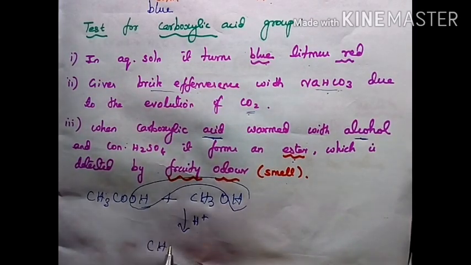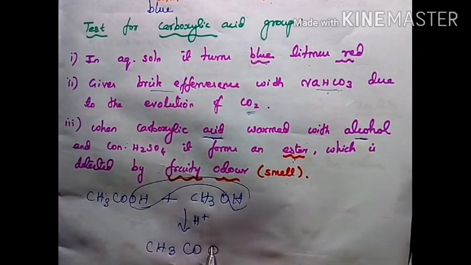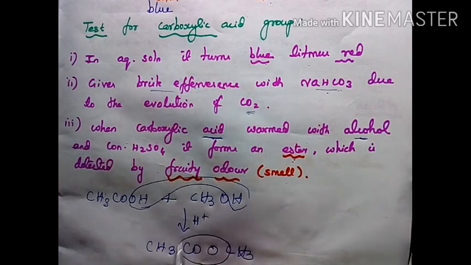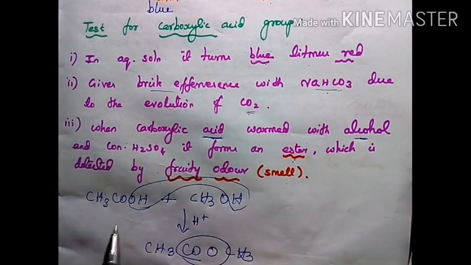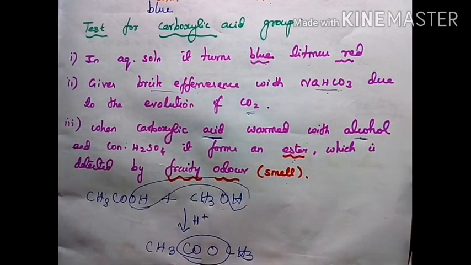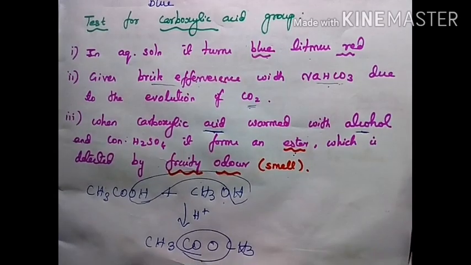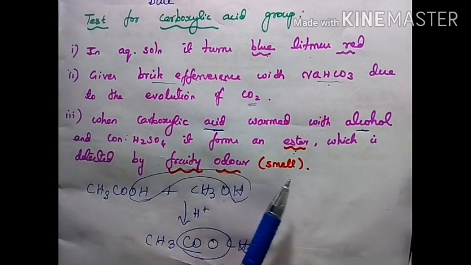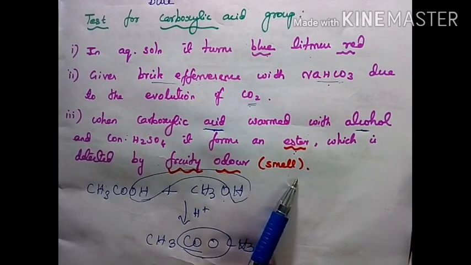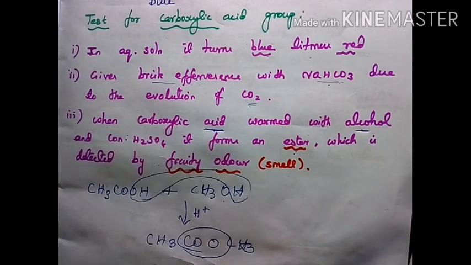We get CH3COOCH3, ester. So any acid reacts with alcohol, it gives ester. This ester is identified by its fruity odor. Fruity odor means smell.